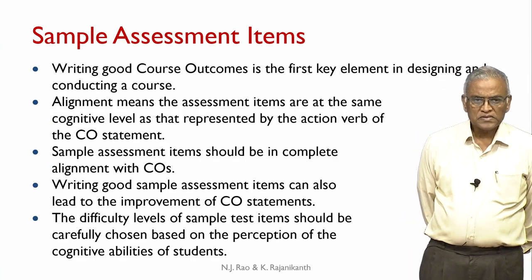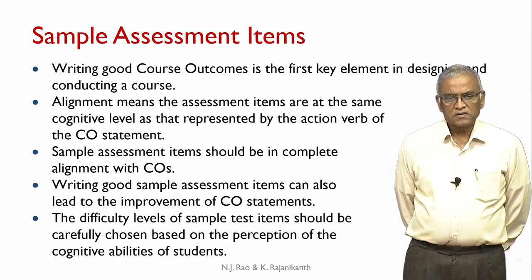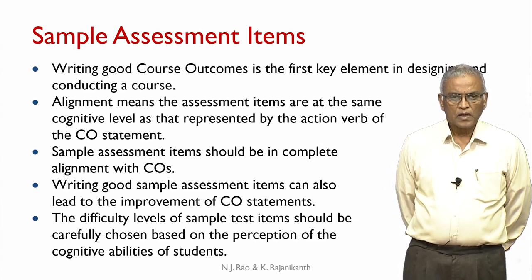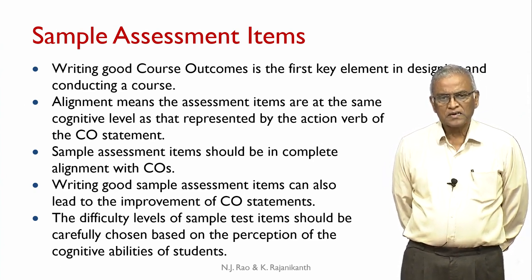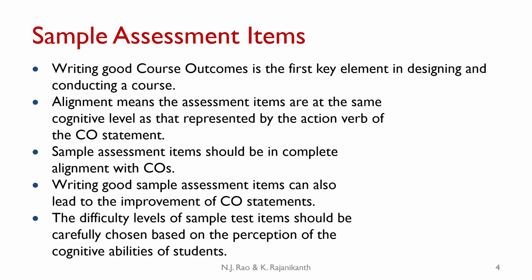Now, the first thing that we want to do: having written COs, it may not completely communicate to the student what is implied in them. For example, if a certain CO is given to us, how do I learn, or how do I prepare for whatever assessment comes subsequently?